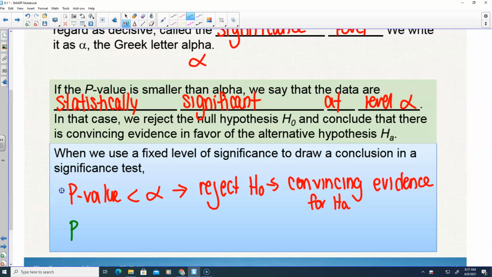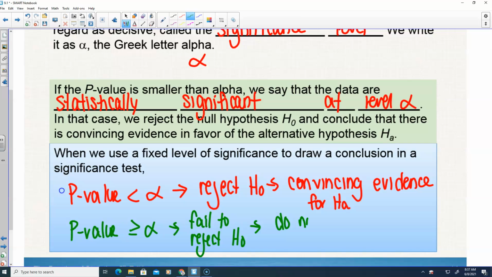But if the p-value is greater than or equal to alpha, then we fail to reject H0 and we do not have convincing evidence for HA.